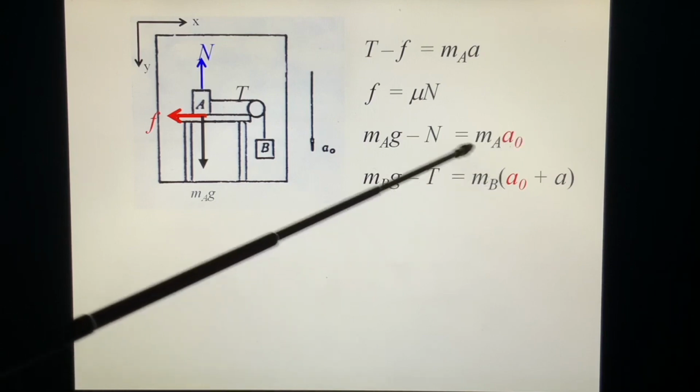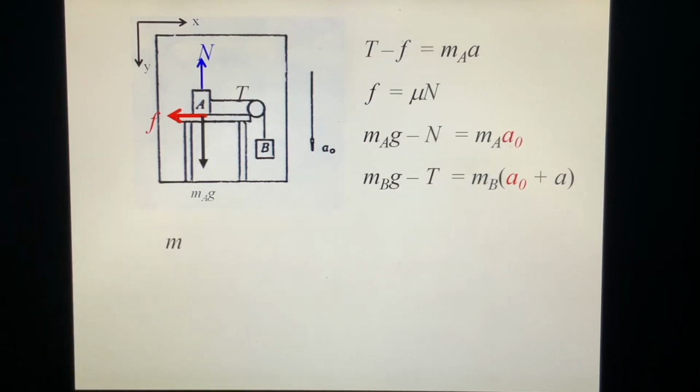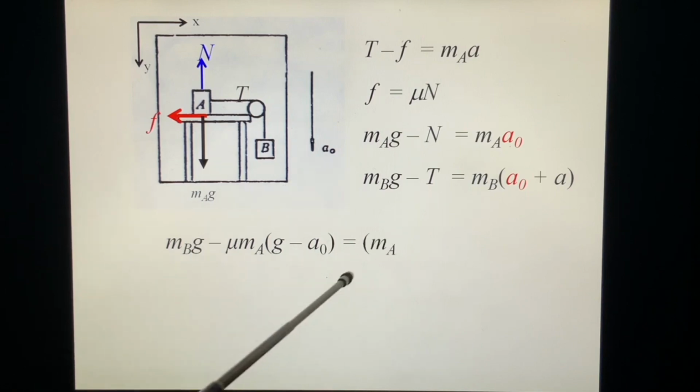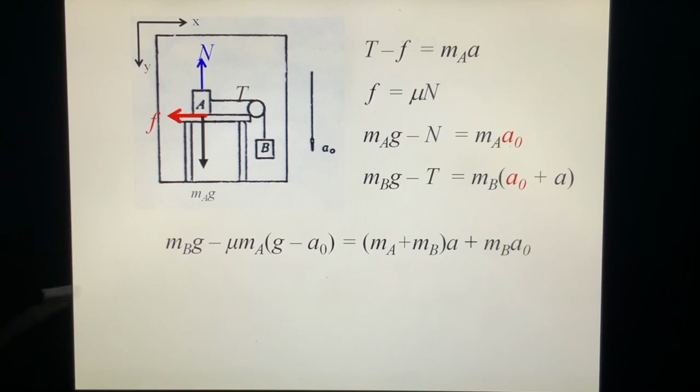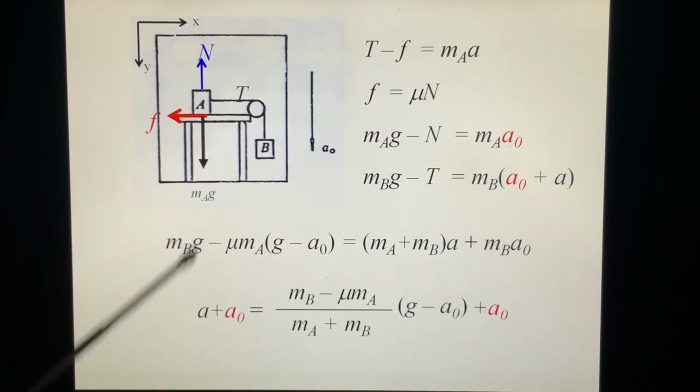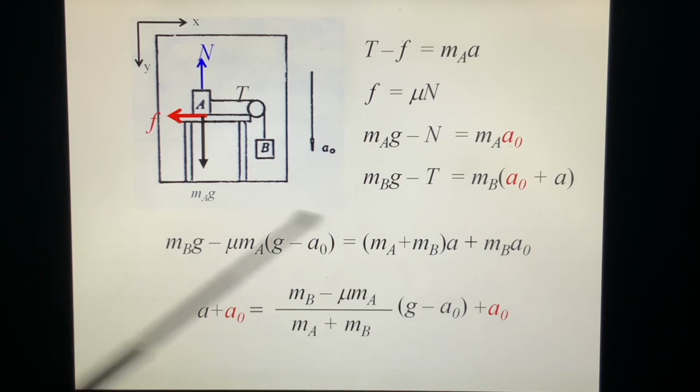So we put together: m_B g minus mu m_A (g minus a0) equals m_A a plus m_B a0 plus m_B a. Then from this equation, we find a. Remember, the acceleration of B is the combination of a and a0. This is the a from this equation. That's it.